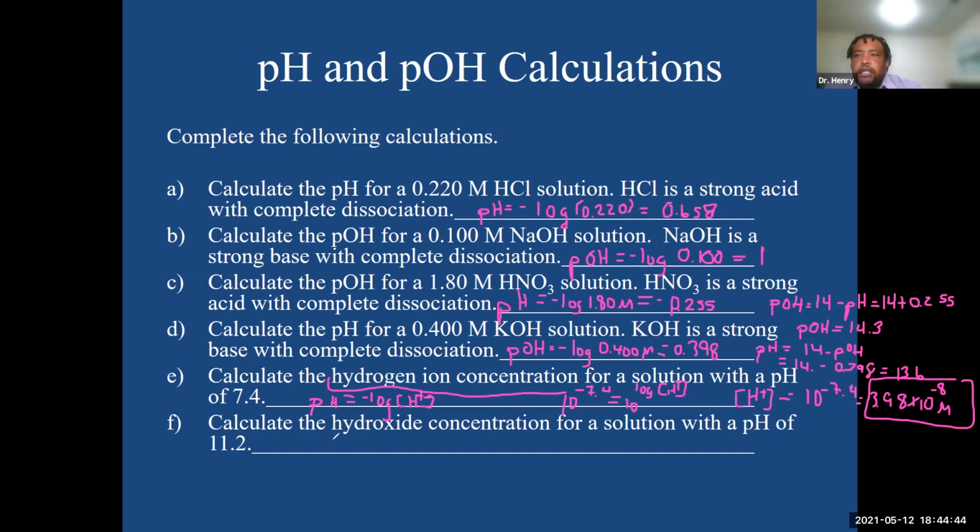Okay. Calculate the hydroxide concentration for a solution with a pH of 11.2. So pH is equal to 11.2, and we want hydroxide.